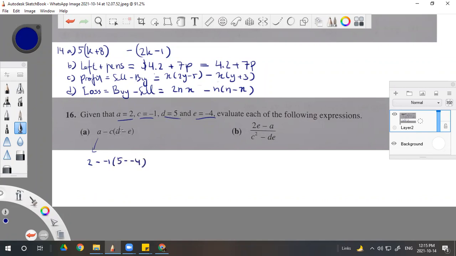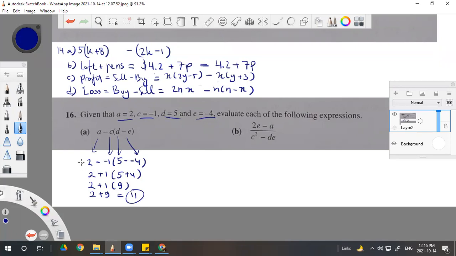Change everything by the number. So 2 plus 1, 5 plus 4. So 2 plus 1 times 9. 9 means 9 itself, because if you don't have any sign, it is multiplication. So 2 plus 9, so it is 11. See, piece of cake.